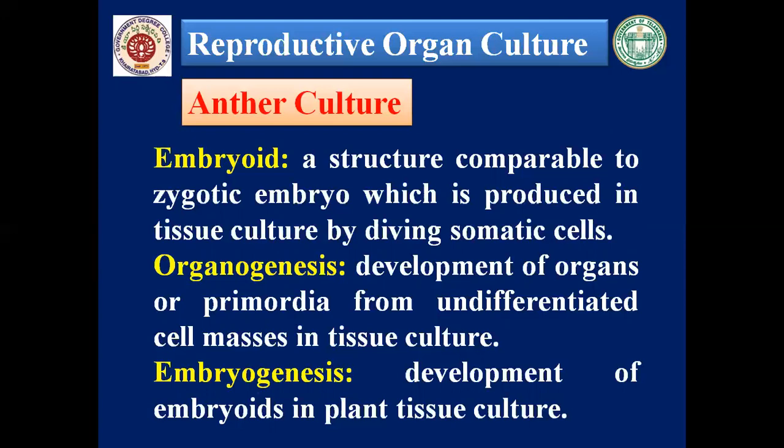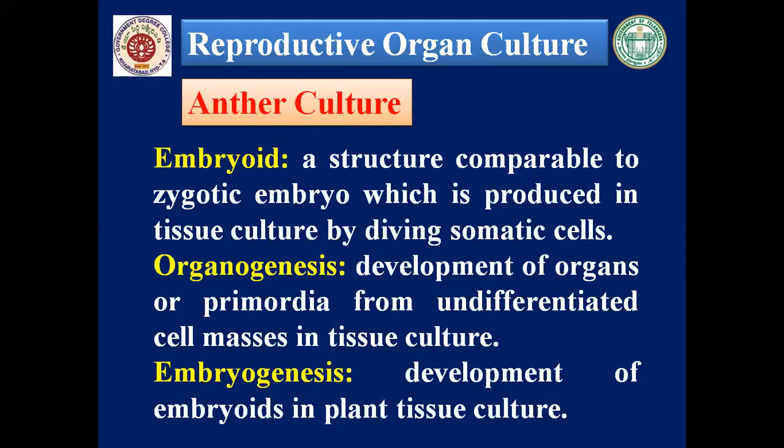So what is organogenesis? The development of organs or primordia from an undifferentiated callus cell mass in tissue culture is known as organogenesis. And what is embryogenesis? The development of embryoids in plant tissue culture is known as embryogenesis.